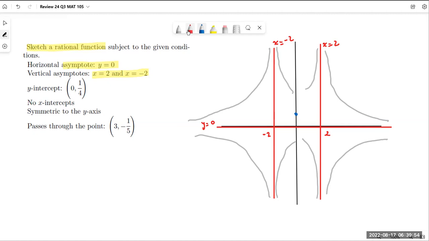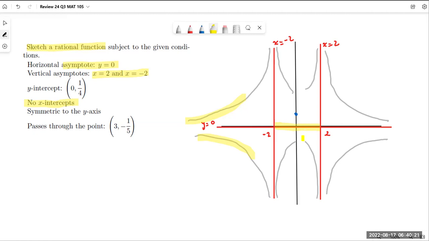Now it's telling you that there is no x-intercept. So what is the meaning of this? No x-intercept means the graph is not going to intersect the x-axis in this section over here. We know we're not having a problem with the other branches because they are not going to intersect the axis, since y equals 0 is an asymptote. But over here, we don't know.